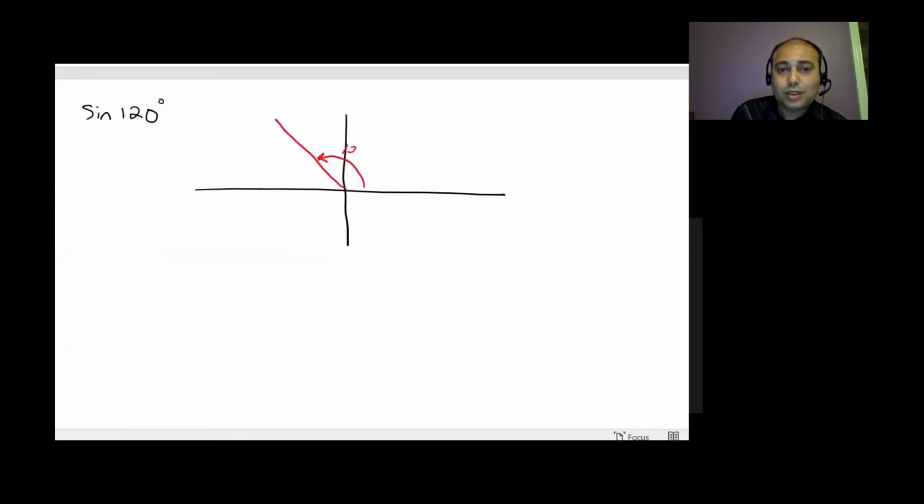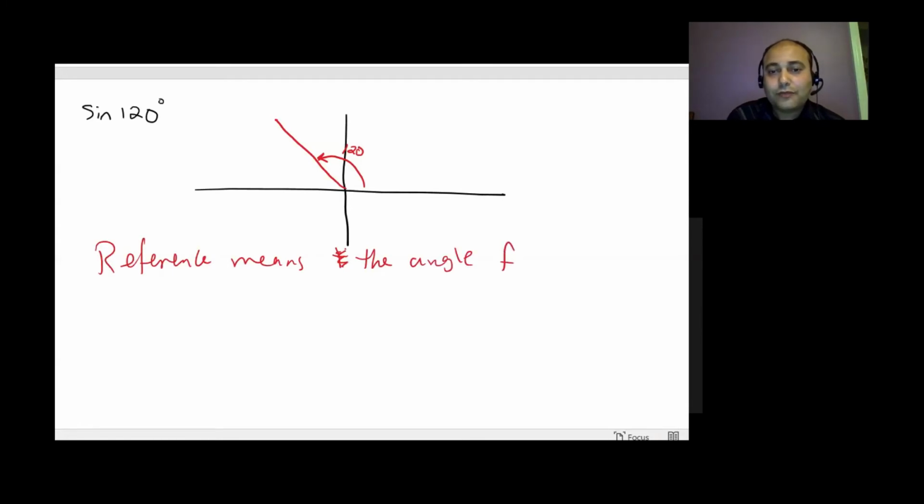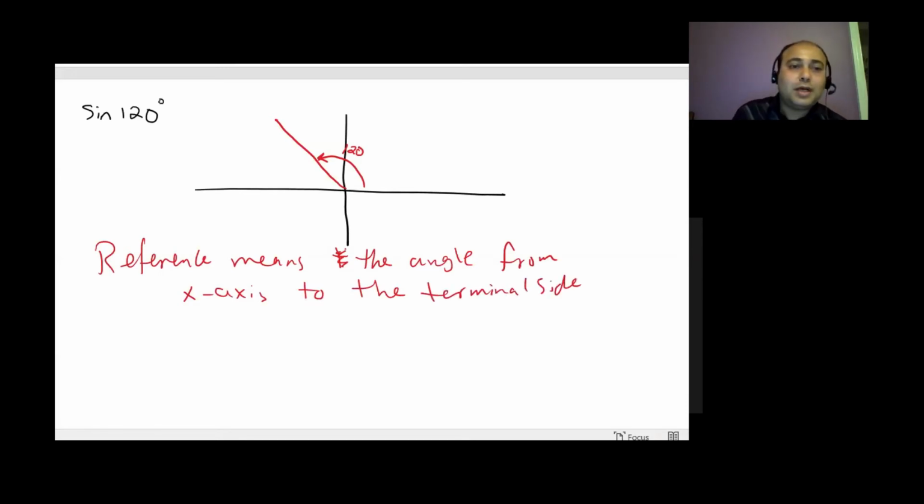It is 120 degrees. The reference means the angle from the x-axis to the terminal side. That's what it means by the word reference.